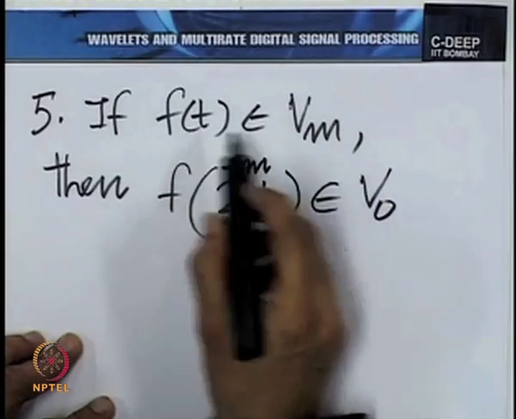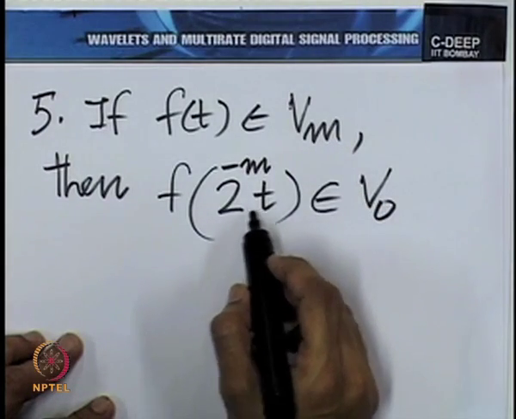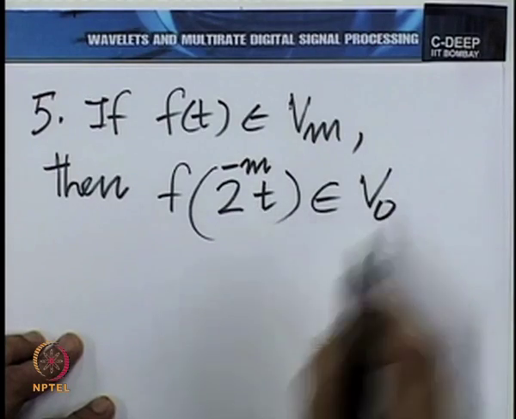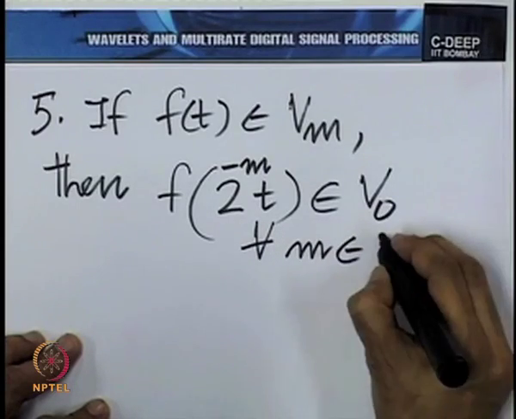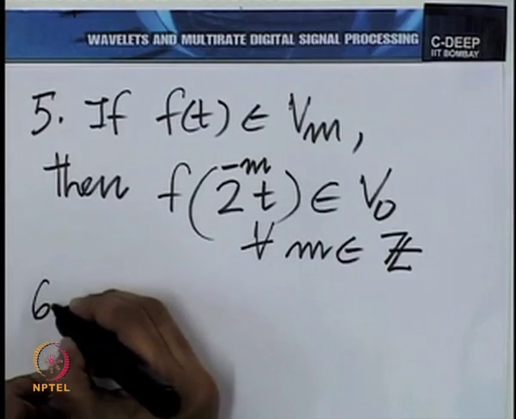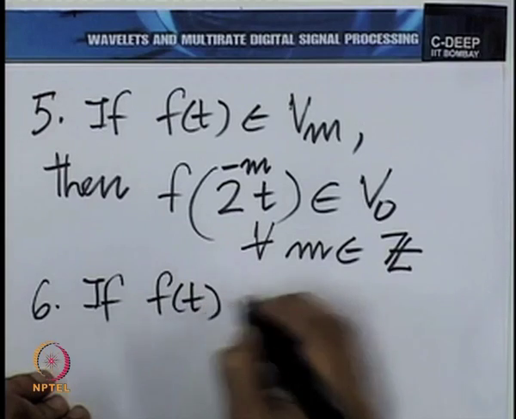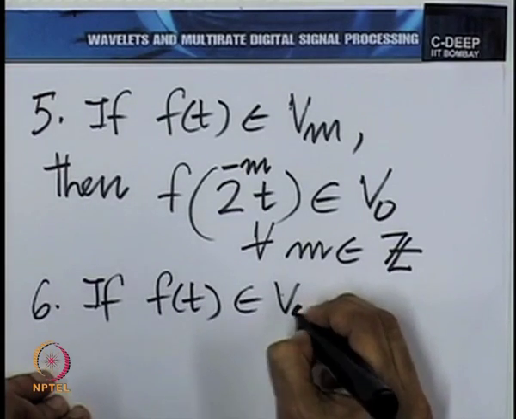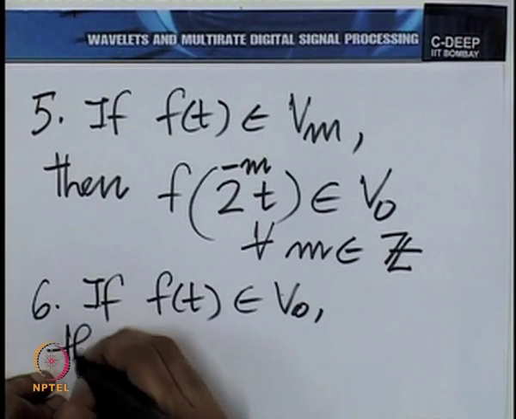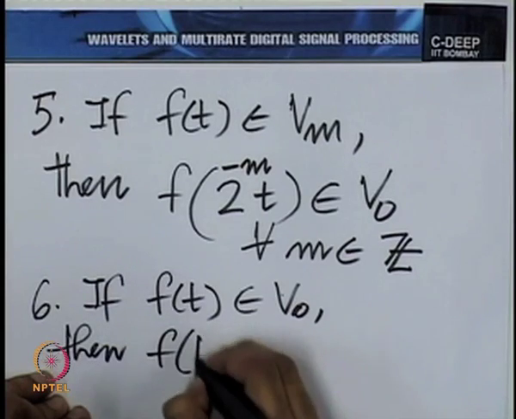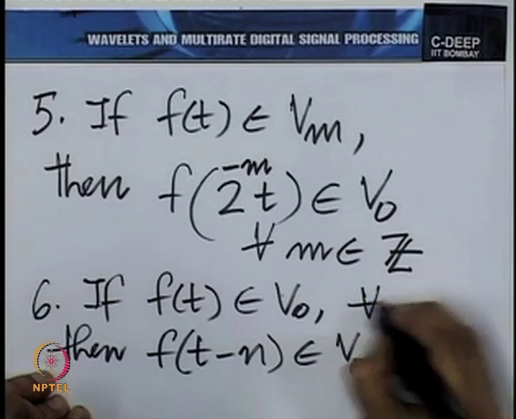So, for example, if f(t) belongs to V1, then f(t by 2), or f(2 raised to the power minus 1 t), belongs to V0, for all m belonging to Z. And if f(t) belongs to V0, then f(t minus n) also belongs to V0 for all integer n.